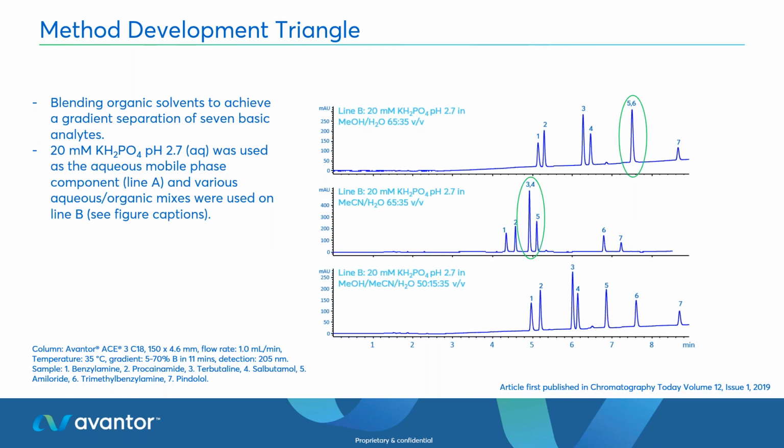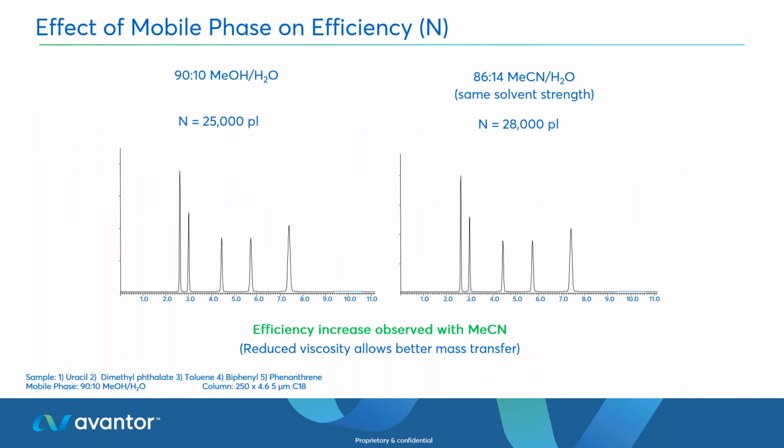So the final thing that is affected by our mobile phase in that resolution equation is the efficiency. I haven't really touched on this, but you can see, for example, here when we've matched the same solvent strength with acetonitrile and methanol, run the same mixture of analytes down the column.